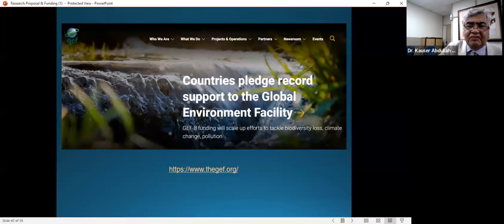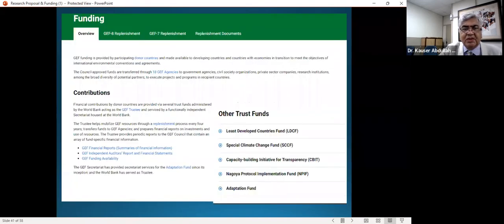GEF is another one, which is the Global Environmental Facility, and this is well known for supporting fairly bigger grants, which are not for individuals, but for groups or teams that can apply for these grants, and they fund more than $100,000. You can apply for these, the least developed countries fund, special climate.